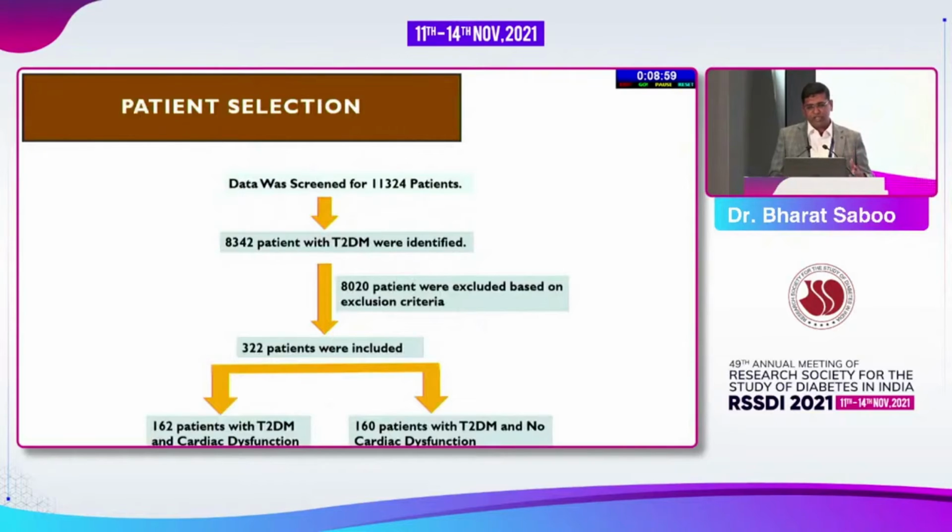So this was the patient selection flow. We screened the data of around 11,000 patients, and 8,000 odd patients with type 2 DM were identified out of it. We excluded 8,000 patients because we had a huge list of exclusion criteria. We selected 322 patients, 162 with diabetes and cardiac dysfunction, and 160 with diabetes and no cardiac dysfunction.